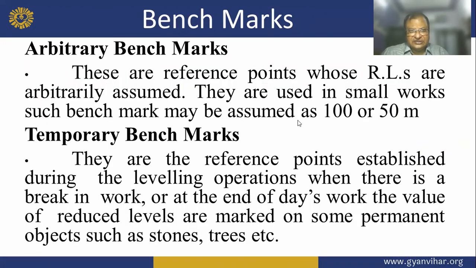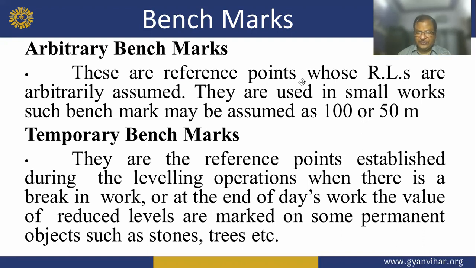Now, arbitrary benchmarks are reference points whose RL, or reduced level, is arbitrarily assumed, and they are used in small works. Such a benchmark may be assumed as 100 or 50 meters.